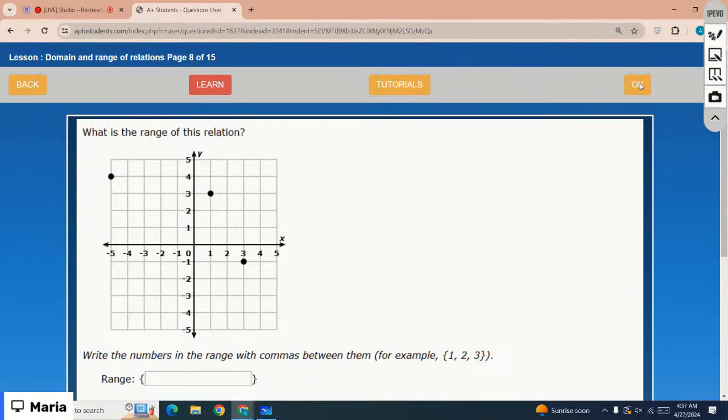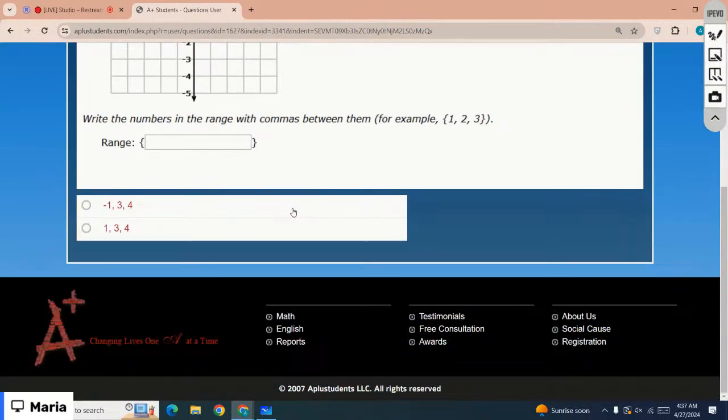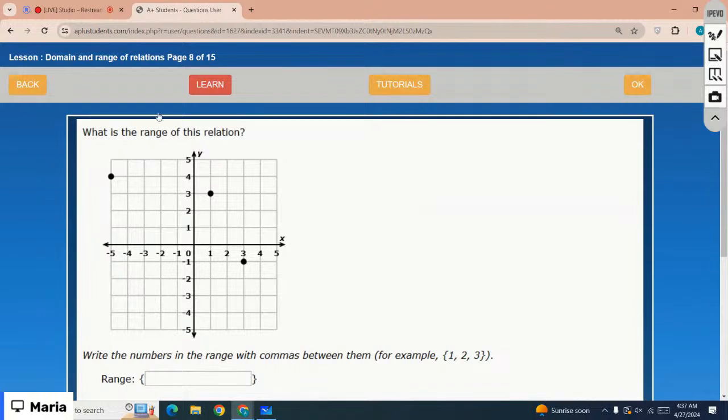That is negative 1, 3 and 4. Option number 1 is the correct option, right? Okay, you can complete the lesson by yourself later today.